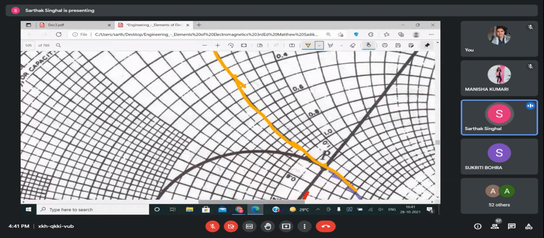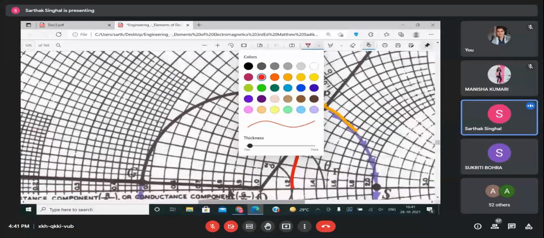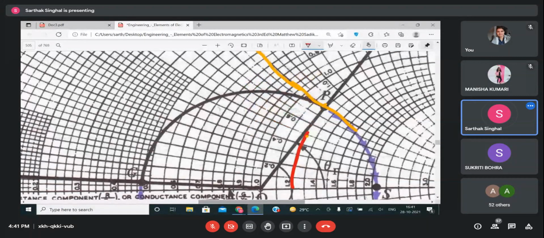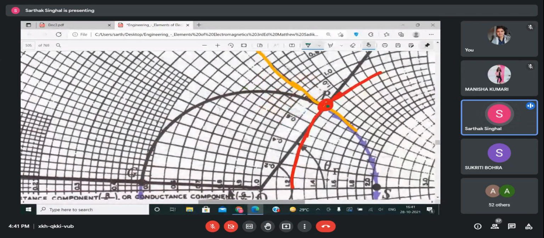So we have to mark it like this. So this is the point where both the values are meeting, that is R equal to 1.2 and X equal to 0.8.